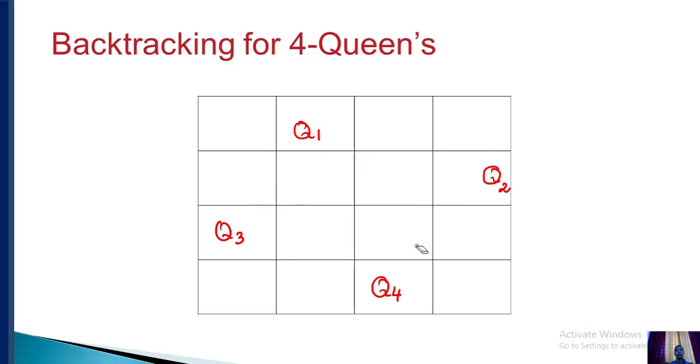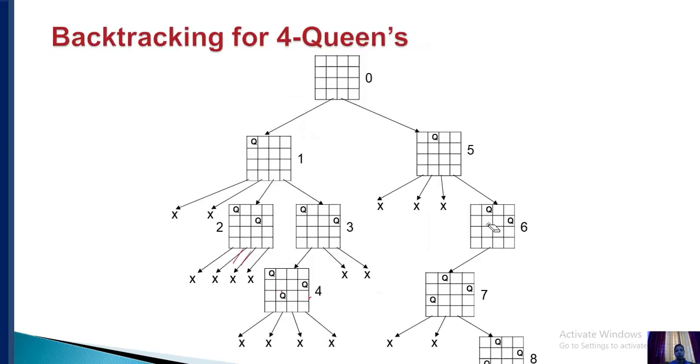Whenever there is no possible way of placing a particular queen, we have to backtrack to the previous queen and find the next suitable or available place for the previous queen, and find the solution accordingly. Now let us discuss the algorithm for this backtracking solution for the N cross N problem. Before that, this is the hierarchical or tree structure of solving this 4 cross 4 queens problem.